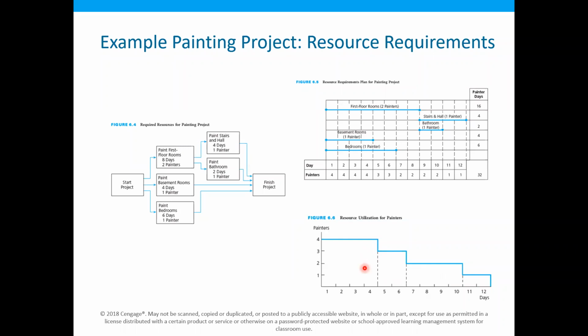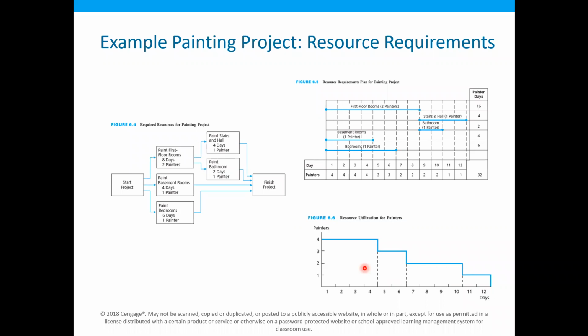In this, you can see that the requirement of the resources is fluctuating, okay? That means it is not constant. It is changing along the duration of the project.